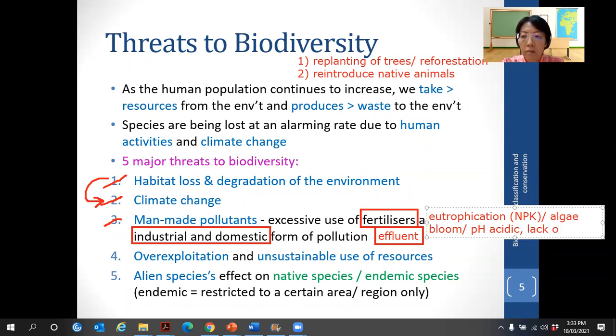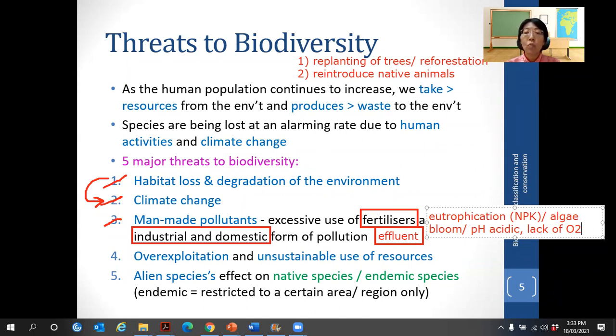Lack of oxygen. Why? Because during decomposition, bacteria need to produce a lot of ATP to carry out the processes. So a lot of oxygen has been taken up for respiration. So very lack of oxygen in this aquatic environment. So this is the effect, okay, of fertilizer in the river and the lake.